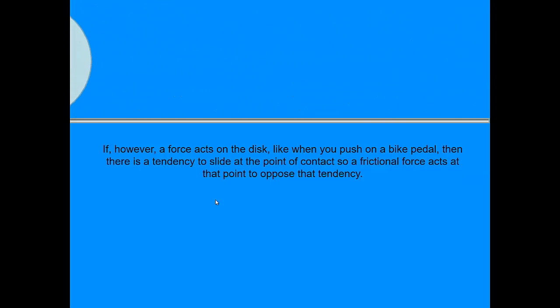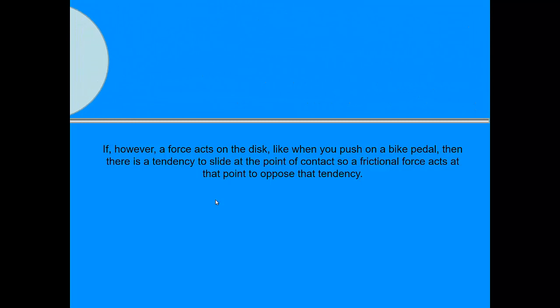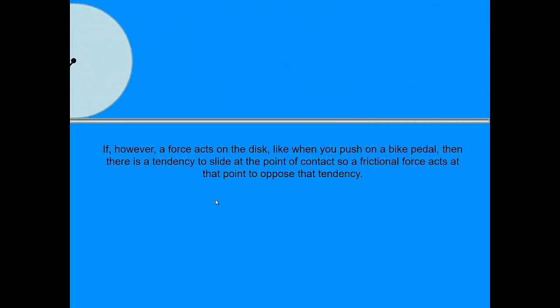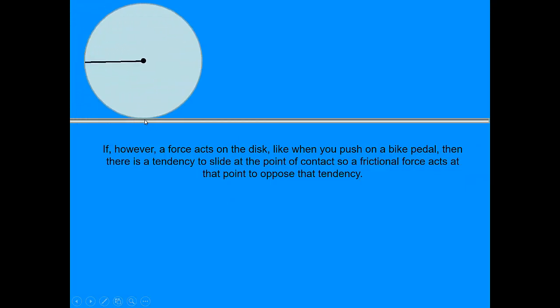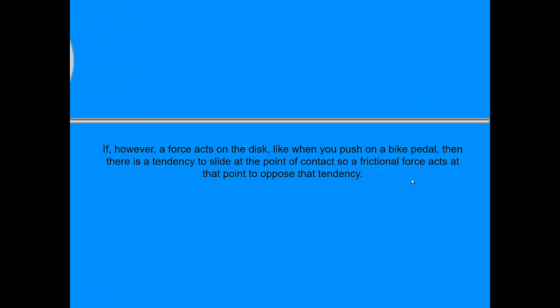It shoots the gravel backwards when you get going, and that's because that point is slipping on the ground. And then friction applies a force forward, Newton's third law, which applies a torque because it's being applied at the outside of the rolling object, and that torque causes an angular acceleration. And so away it goes.